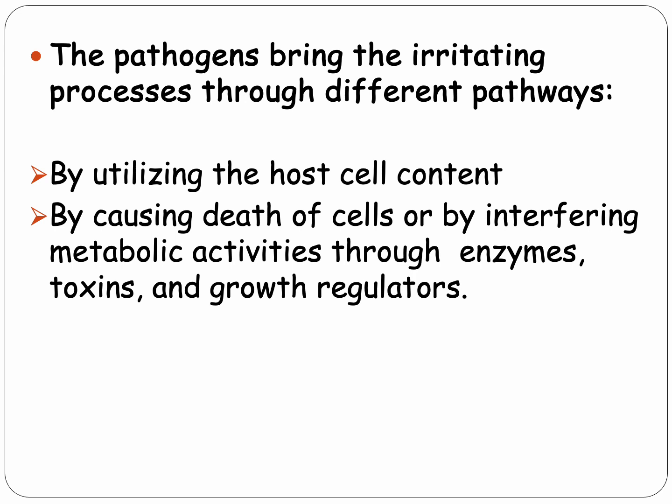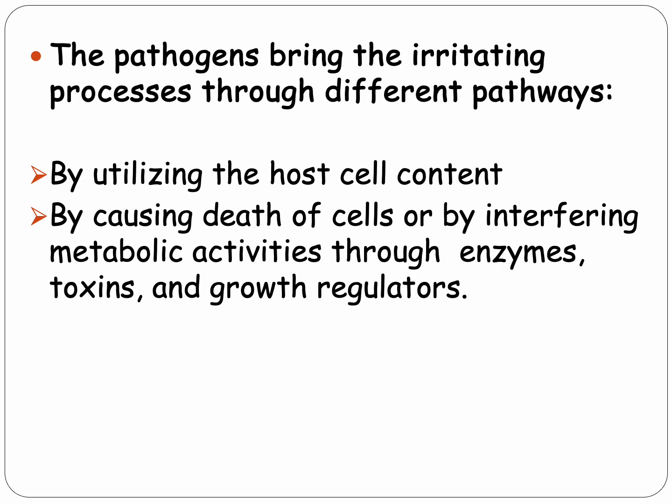By doing that, the cell will die. Or at the time of utilizing the cell content, they release some enzyme, toxin, and growth regulator so that the complex materials present in a cell can be converted to a simpler form which can be easily utilized by the pathogen.